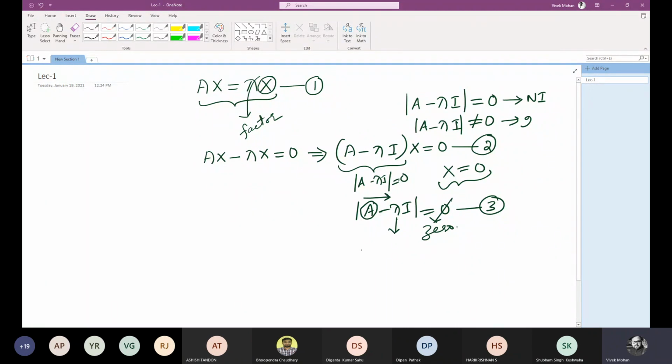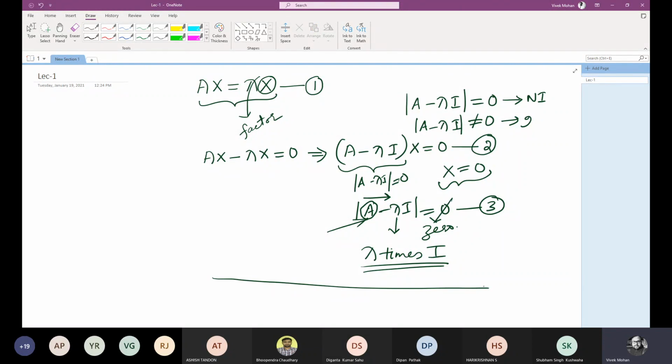It is shifted by a factor lambda times identity, so that the determinant becomes 0. Now the matrix part we'll stop here and move on to the differential equation part.